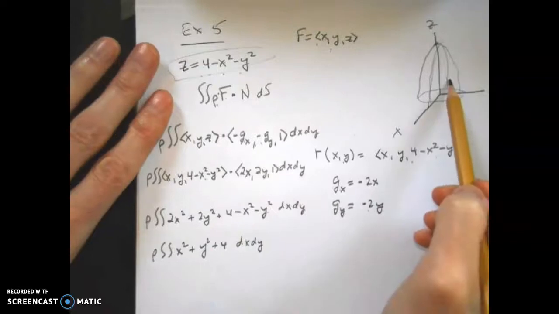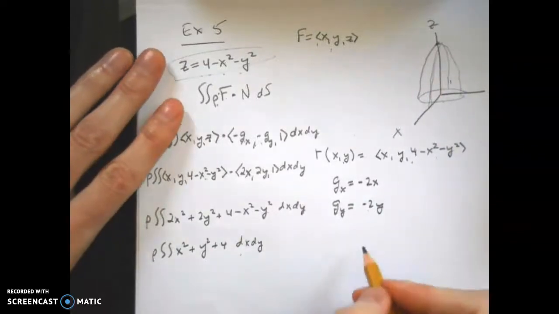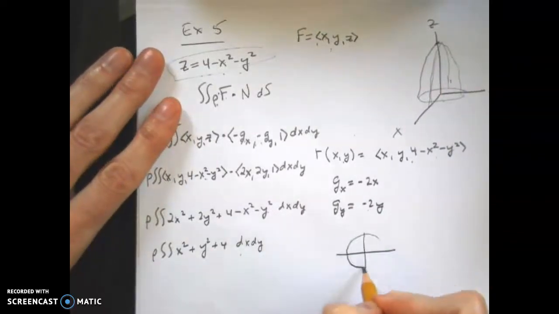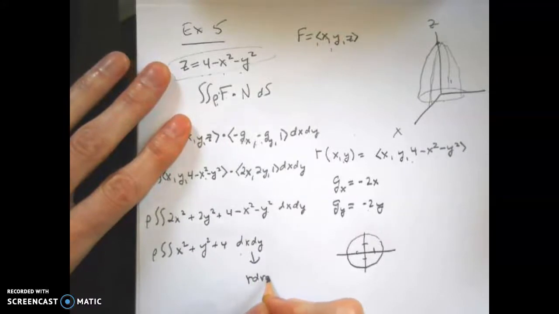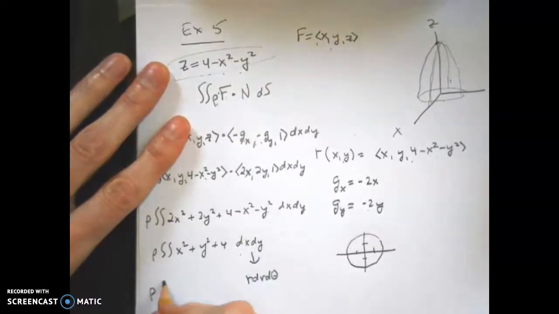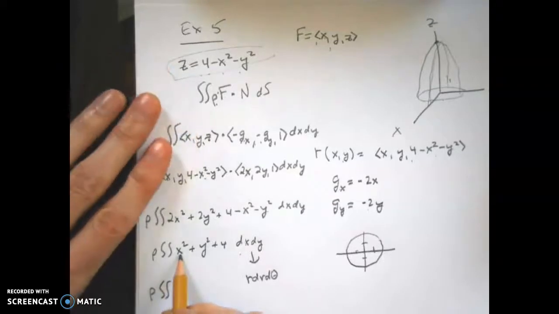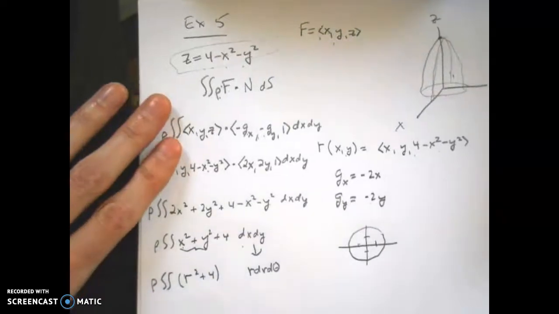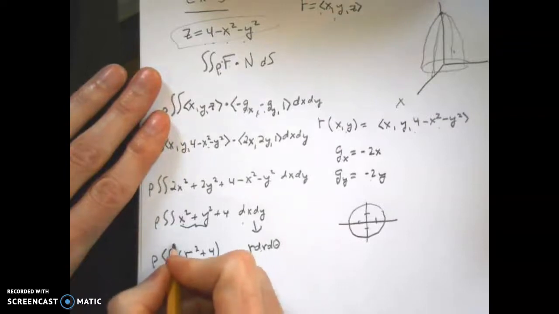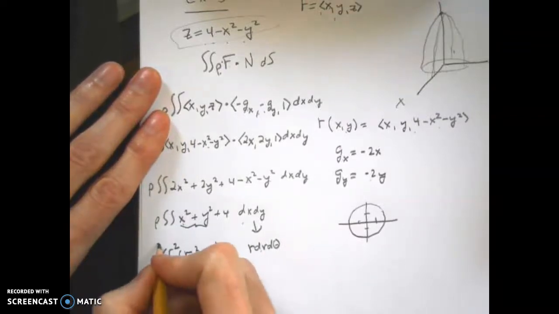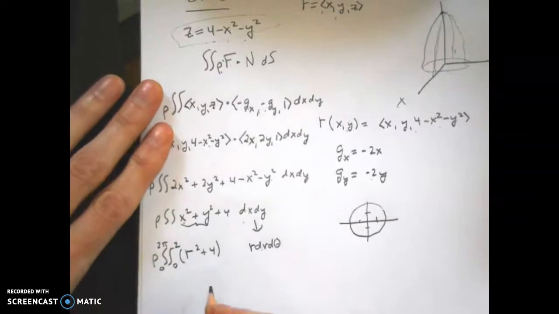Now, if we project this onto the xy plane, we've got a circle with a radius of 2. So I'm going to turn this into r dr d theta. Rho times x squared plus y squared is r squared, plus 4, times r dr d theta. Now r goes from 0 to 2, and theta goes from 0 to 2 pi.